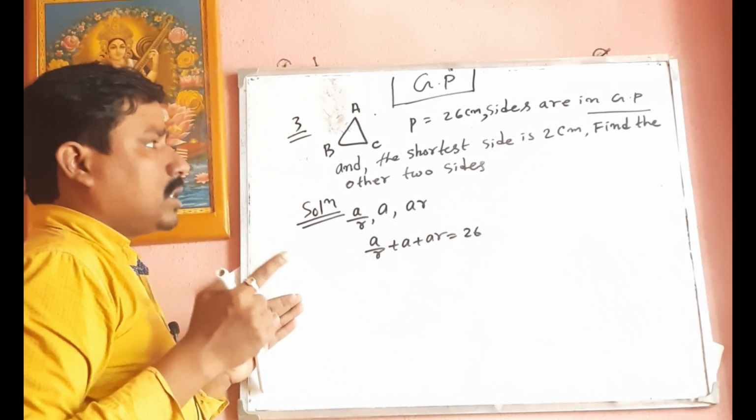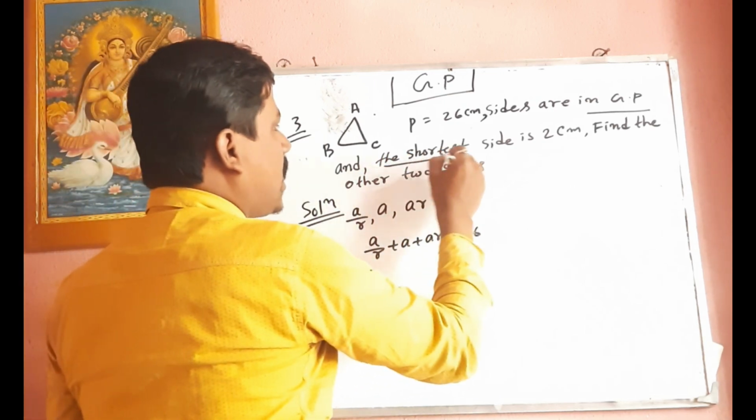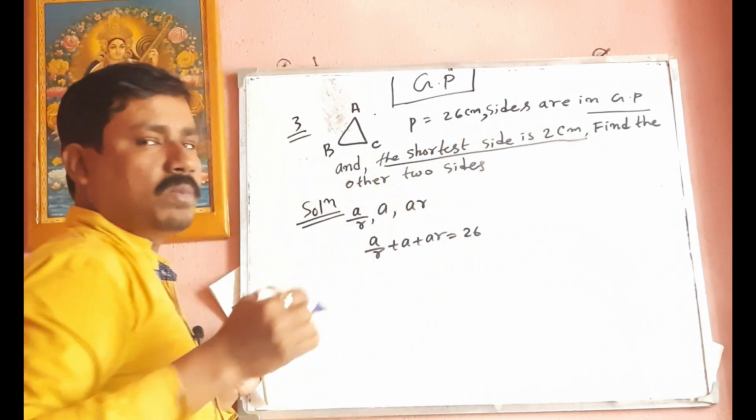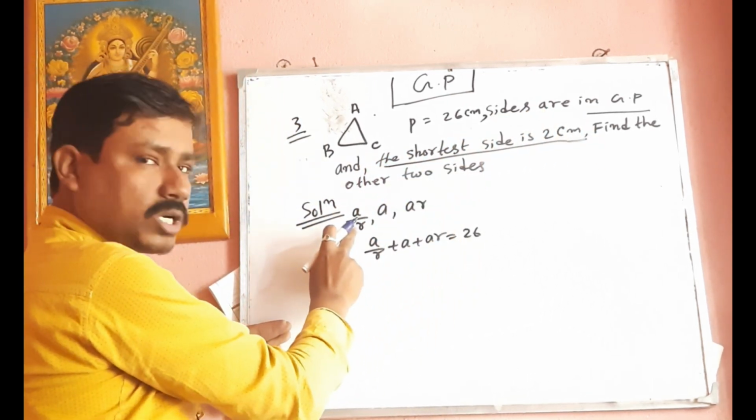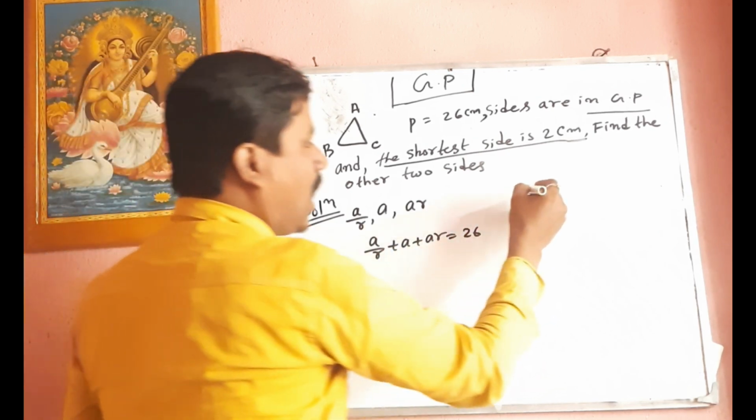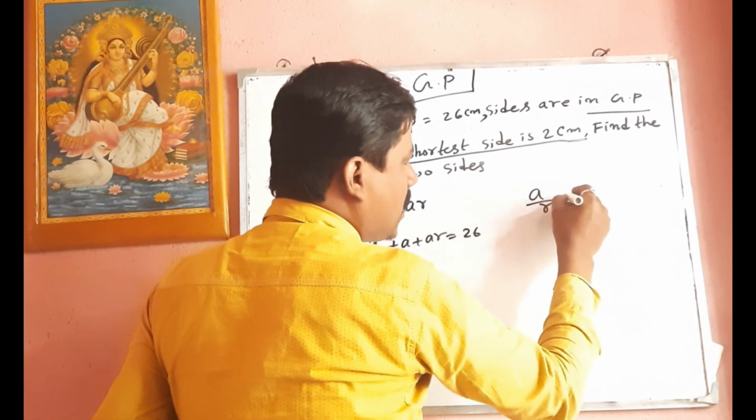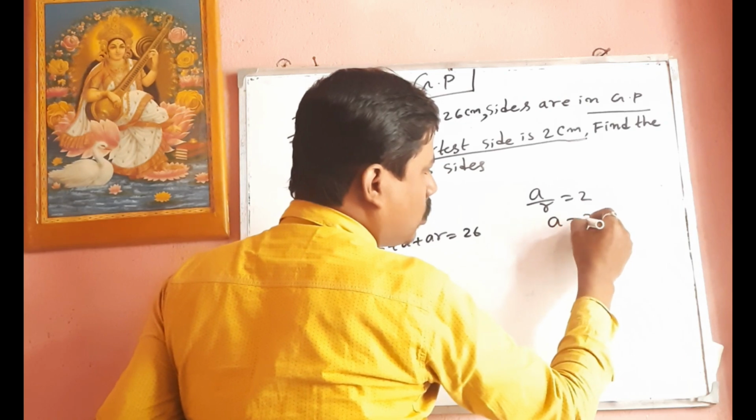And here the shortest side is 2 centimeter. If we take this as the shortest side, then A by R is equal to 2. So A is equal to 2R.